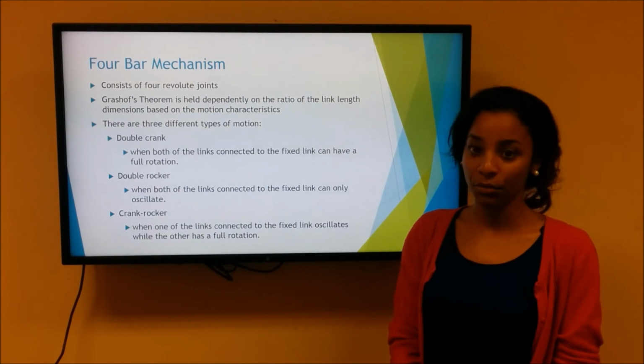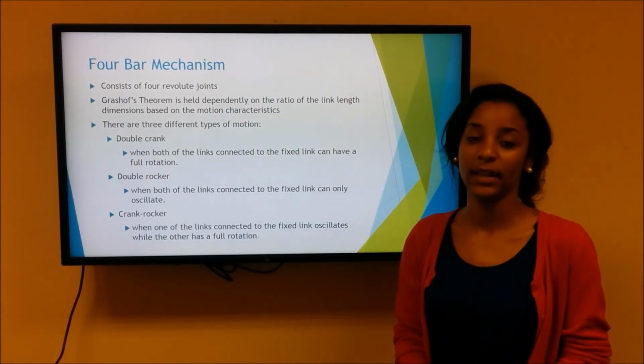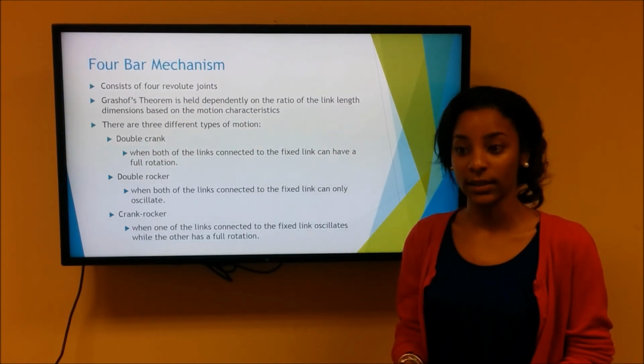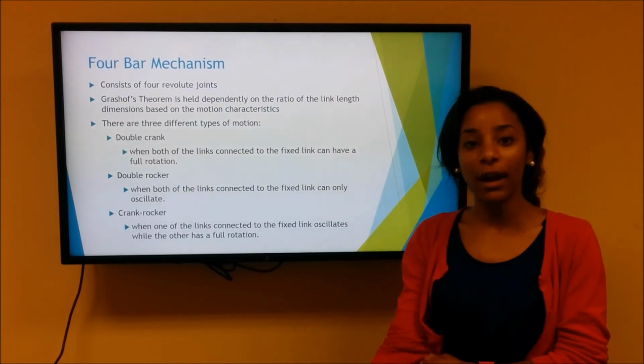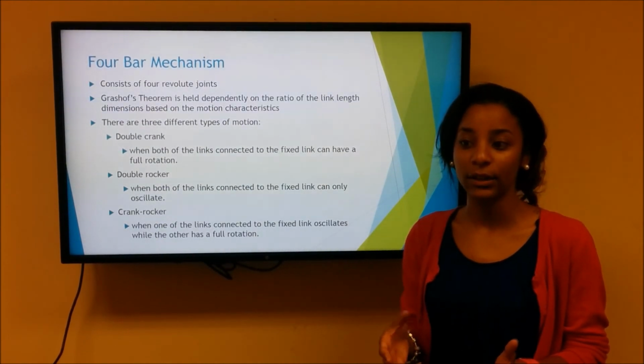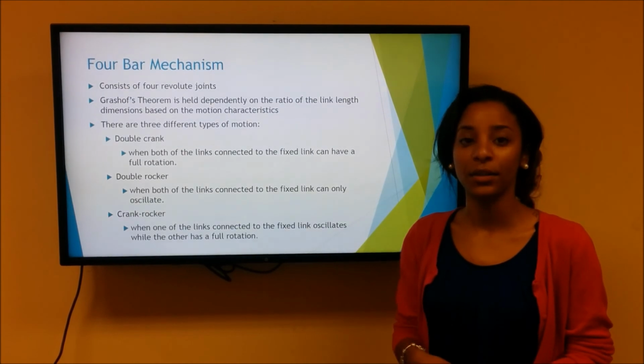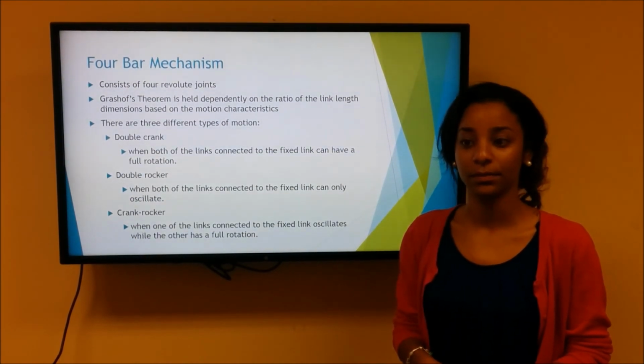Then you have double rocker, when both of the links connected to the fixed link can only oscillate. Then you have the crank rocker, when one of the links connected to the fixed link oscillates while the other one does its full rotation.